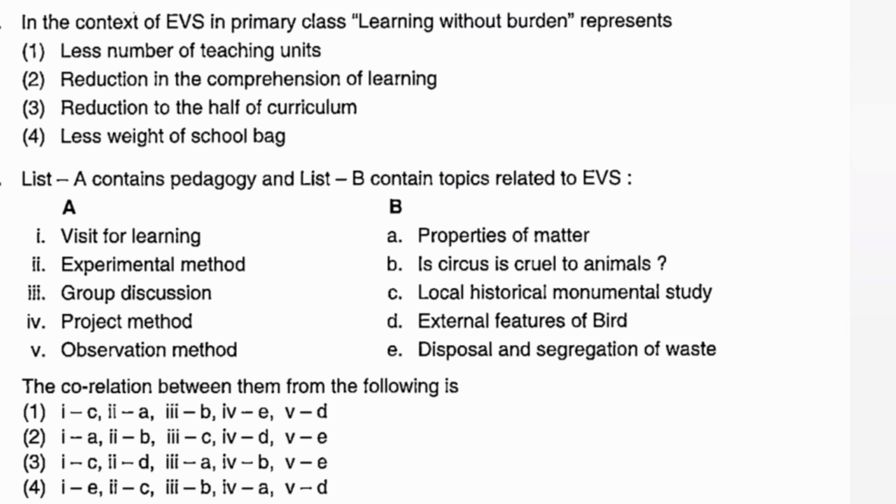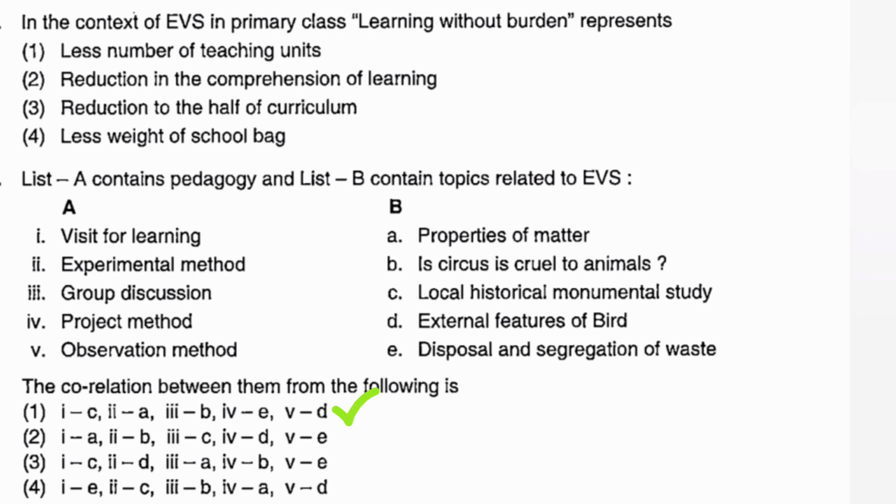In the context of EVS in primary class, learning without burden represents reducing school bag weight. List A contains pedagogy and List B contains topics related to EVS. So here, which option is correct?